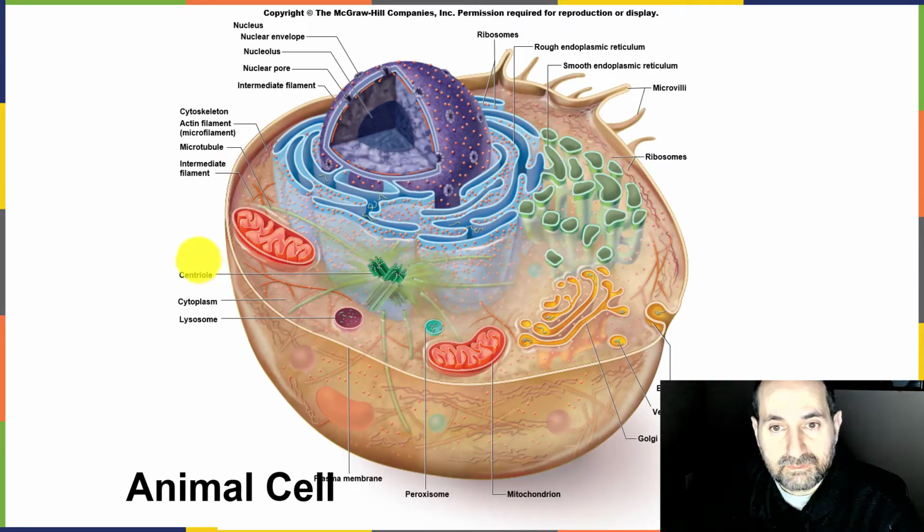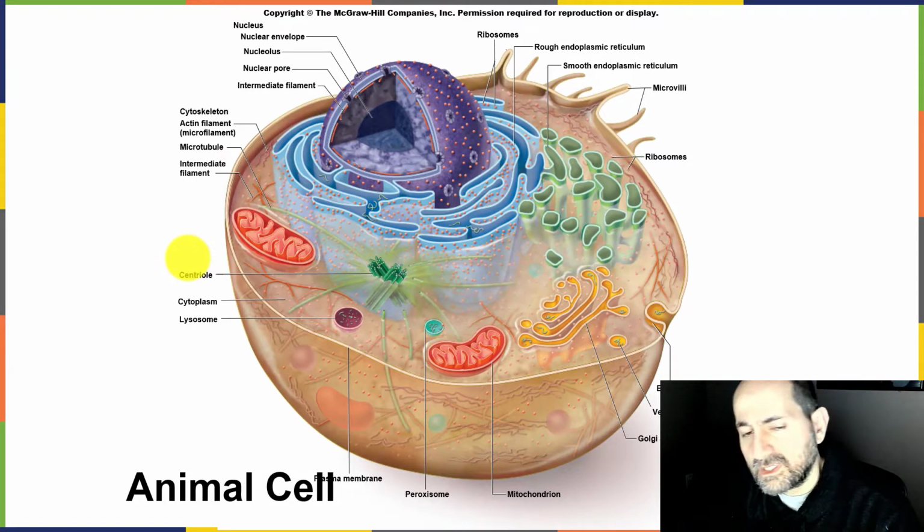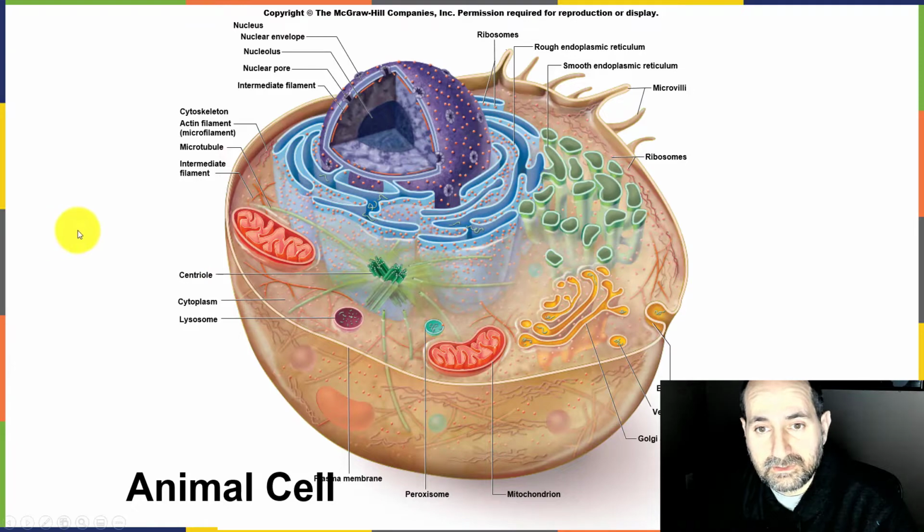Now, this is a typical animal cell picture. I'm not going to have anything which requires you to label parts of a cell like this. The exam is made up of multiple choice and true-false questions, and usually one short answer question at the end, but there's no matching or labeling type of scenario.